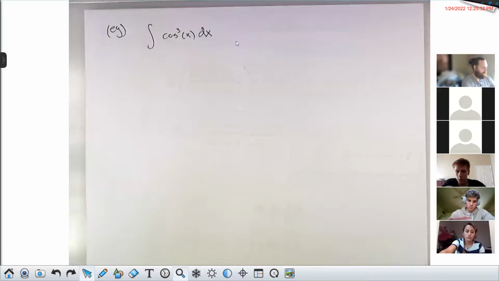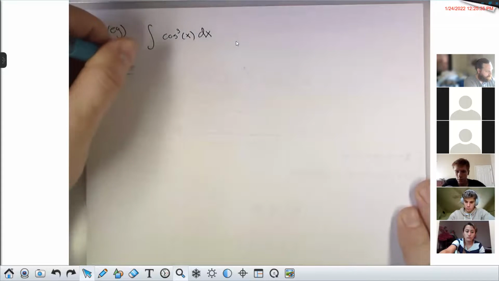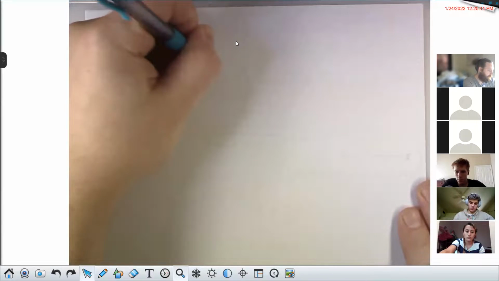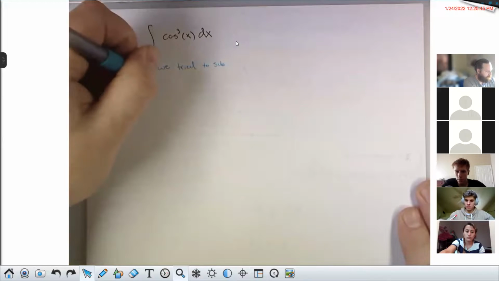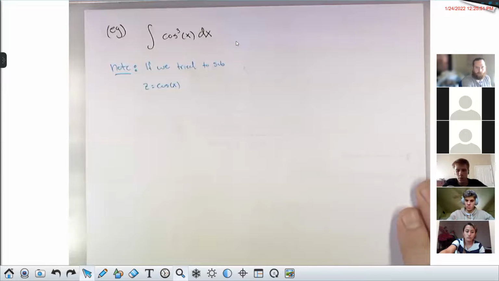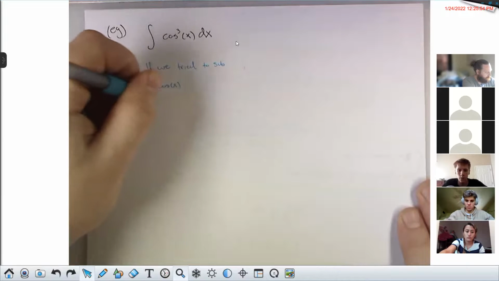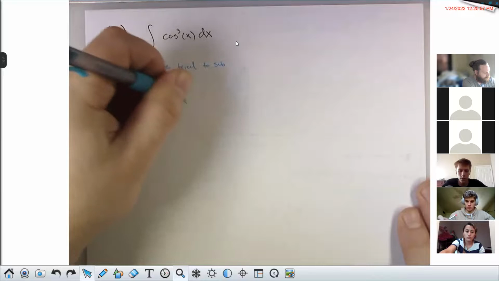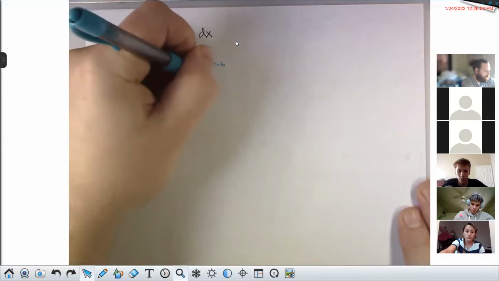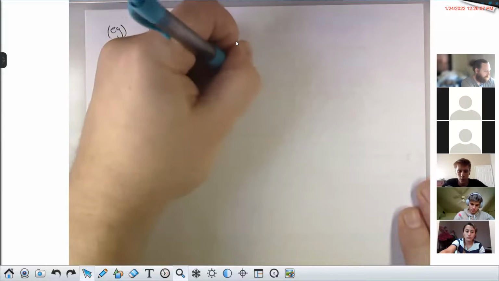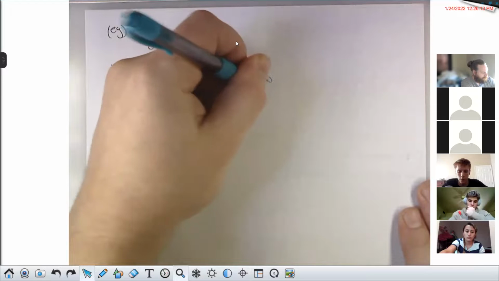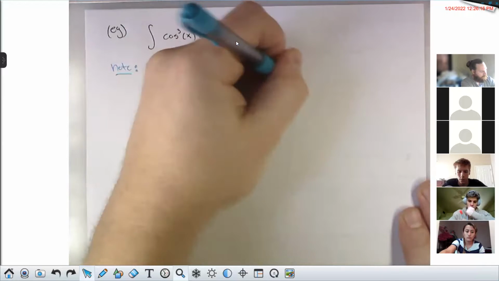So I want to make a note here. If we tried to sub z equals cos x to turn this into the integral of z cubed, which would be a pretty natural thing to try, then dz would be negative sine x dx, and I don't have a sine x in my integral, which is what I would need to make this work.